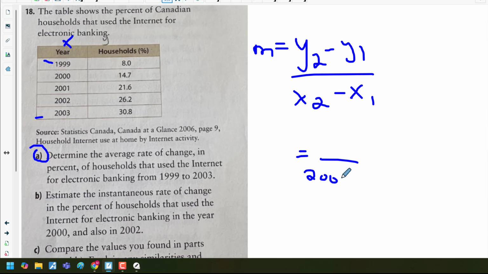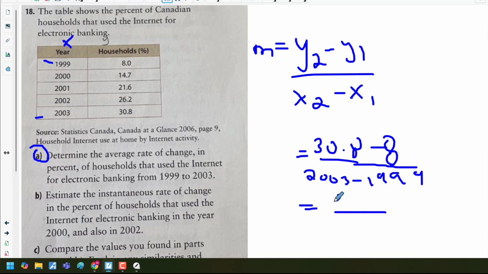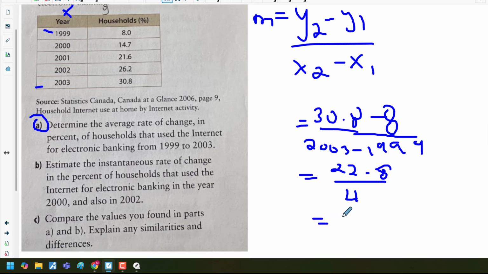So that's 2003 minus 1999, and the top part is 30.8 minus 8. And what is that going to equal? What do you think? 22.8 divided by 4. And whatever that is equal to. 5.7 is the average rate of change.